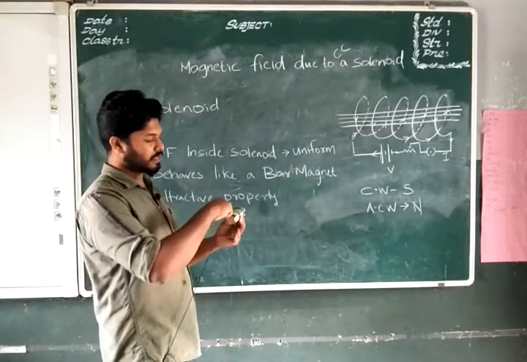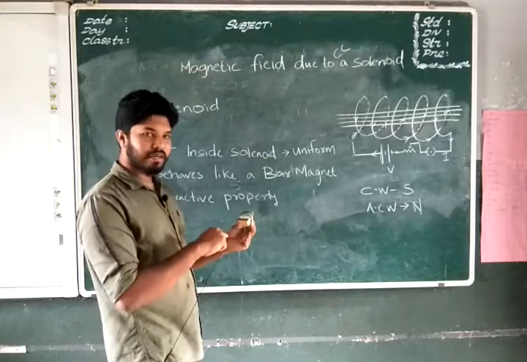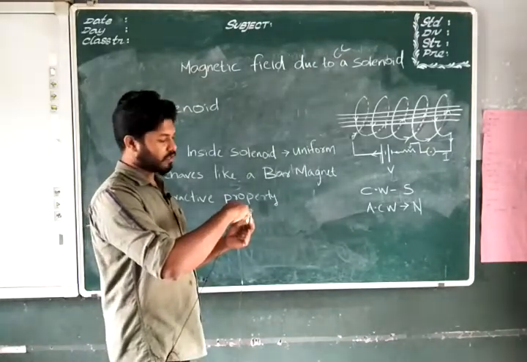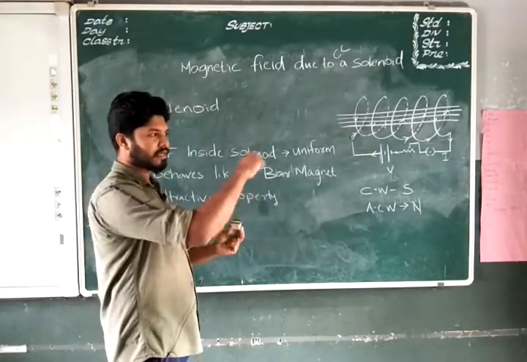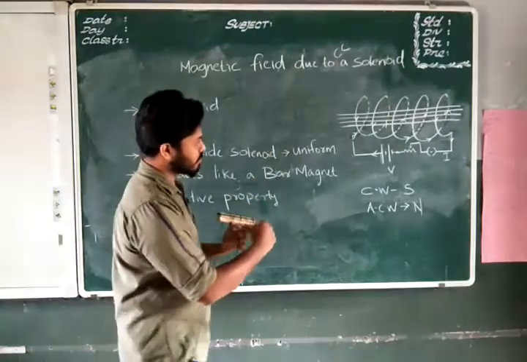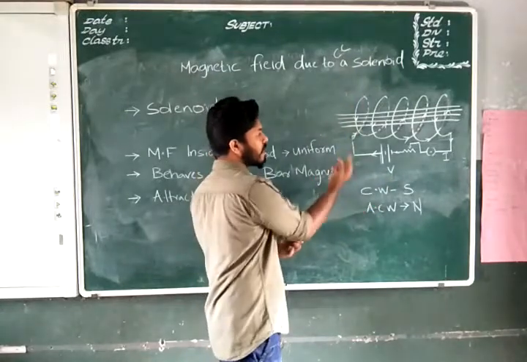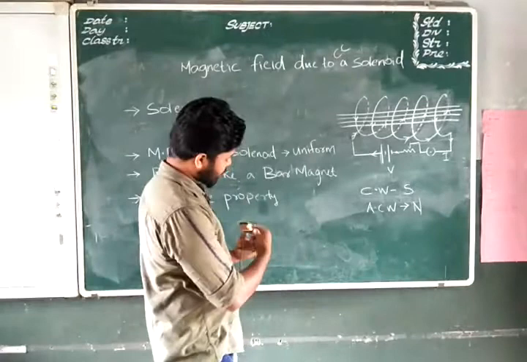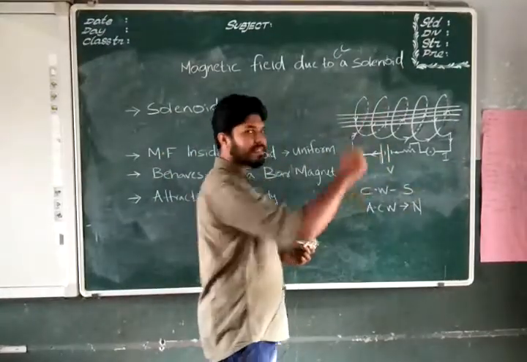The current is entering like this and it's going like this. See, it's a clockwise direction, isn't it? Clockwise motion. The current is flowing like this, that is a clockwise direction, and at last it is coming back through this section. It's entering to the back side and going. So it's a clockwise direction.